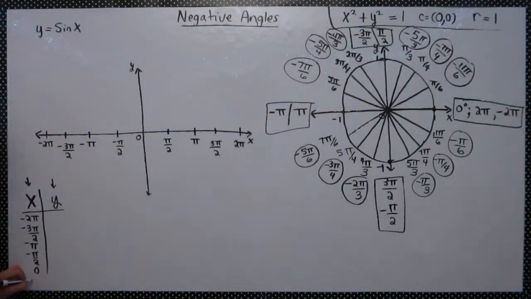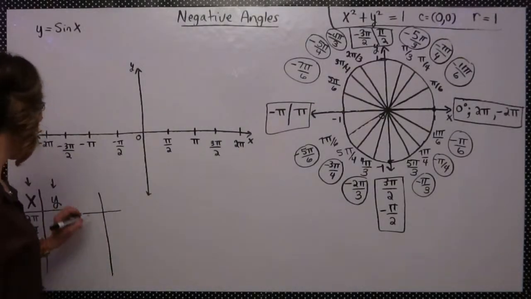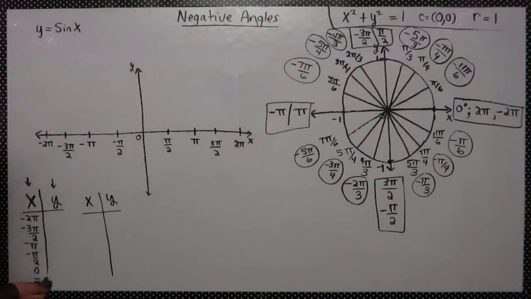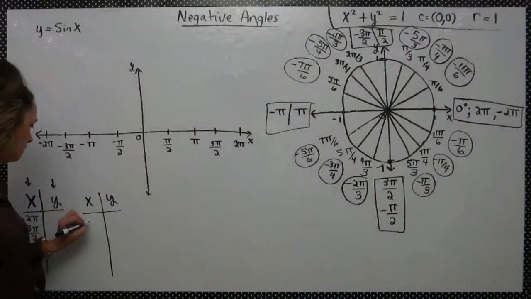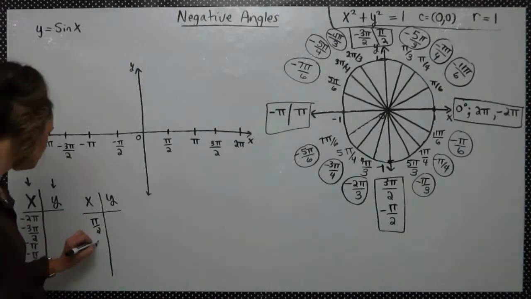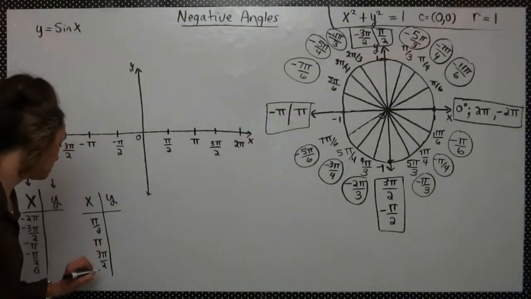And then we've got positive pi over 2. And then it looks like it's going to continue. So we've got a continuation of the table. I'll go ahead and do pi over 2 here. Pi over 2, pi, 3 pi over 2, and 2 pi.